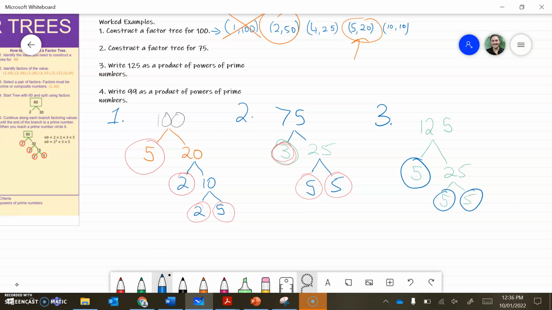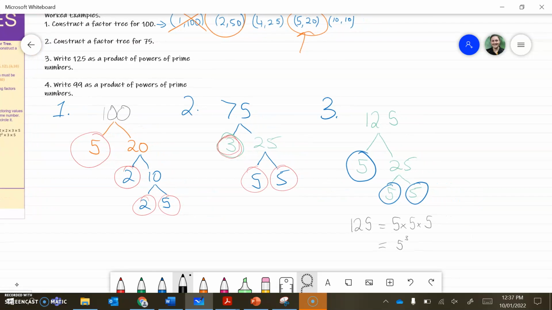They are both prime. Now, because I'm writing my value as a product of powers of prime, I've got 125 equals, and I write all of my prime values with a multiplication in between. So I've got 5 times 5 times 5. I then simplify that by writing it in index form. So base 5 to the power of 3.